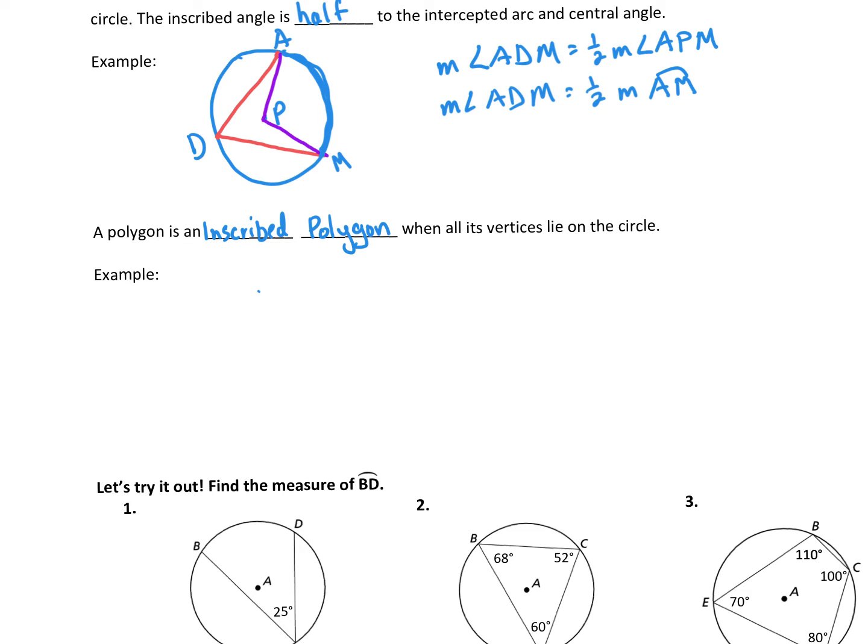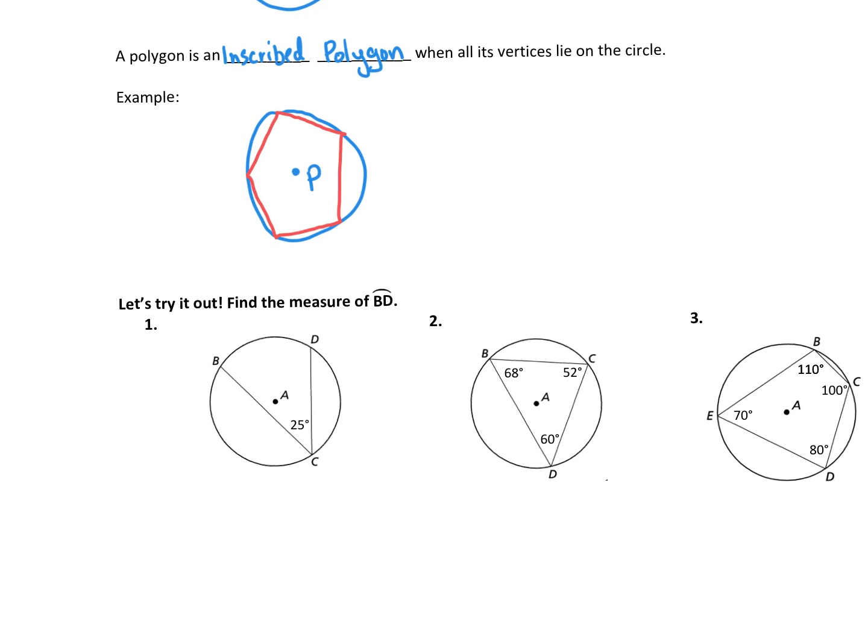So if we had another circle, and as long as the points, the vertices, lie on the edge of the circle, this is considered an inscribed polygon. That pentagon is inscribed in the circle. So let's try it out.